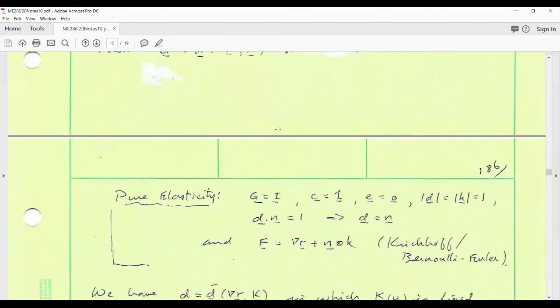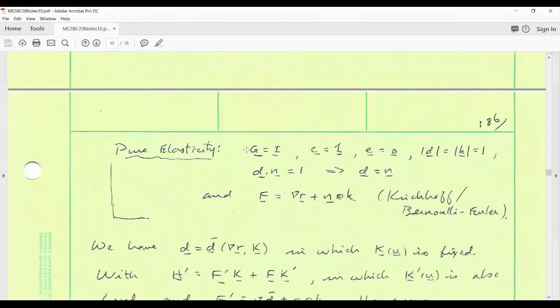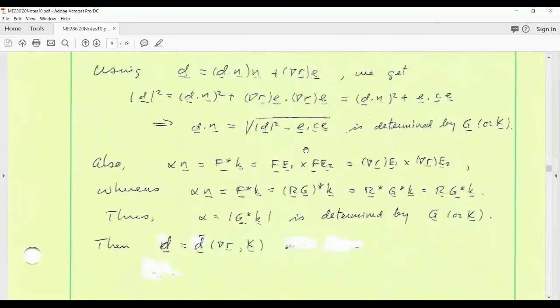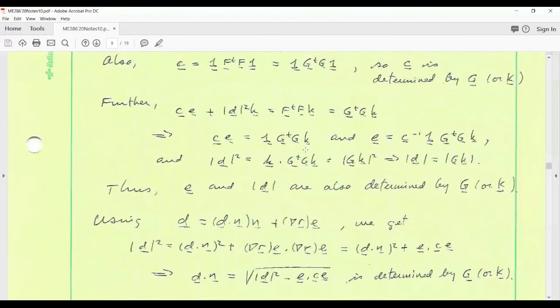By the way, in the case of pure elasticity, with pure bending, pure elasticity means there's no plastic deformation, say G is the identity, so H is equal to F. The entire deformation gradient is elastic. If you go back upstairs here with G equal to the identity, you get C equal just the projection, the two-dimensional identity.